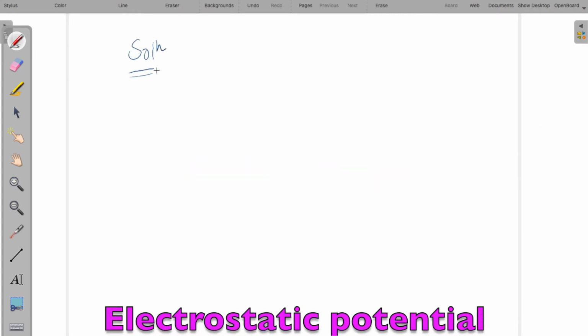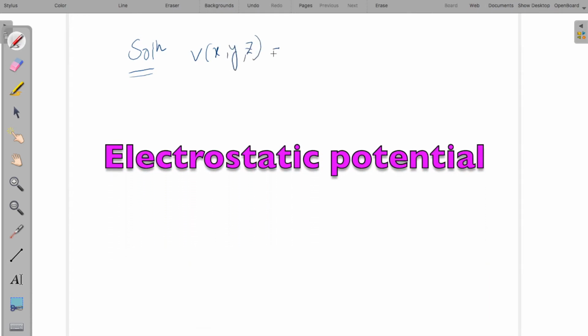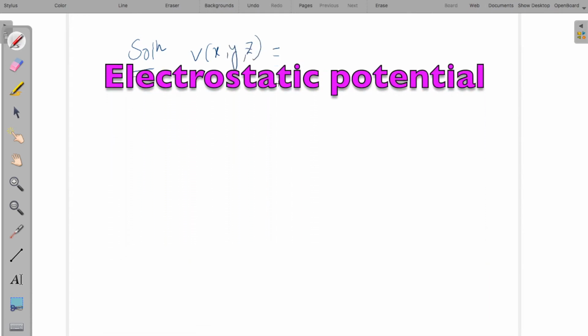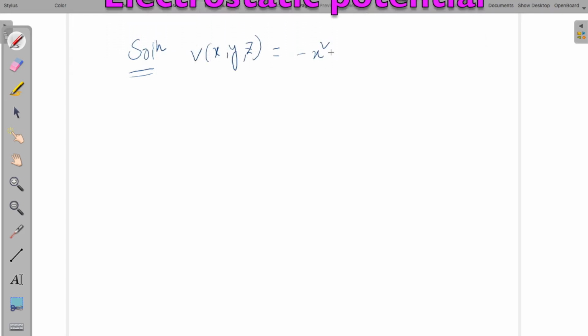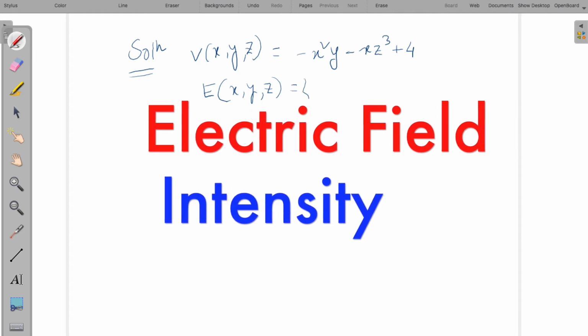The potential is given as V(x, y, z) equal to minus x squared y minus xz cubed plus 4. So we have to find the electric intensity at the same point x, y, z, right?